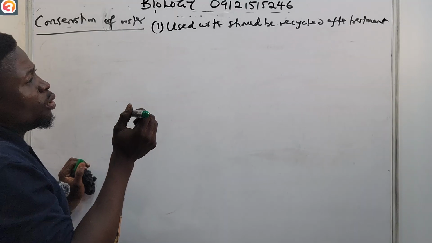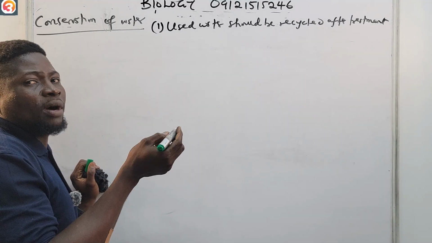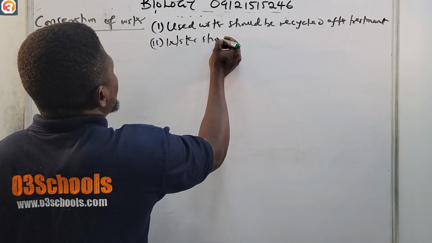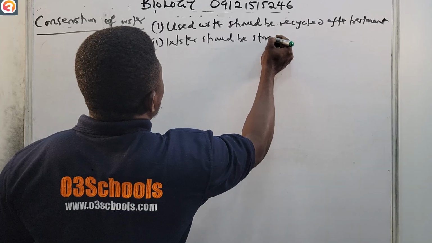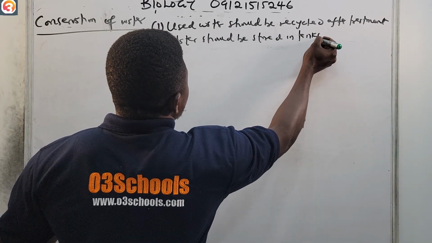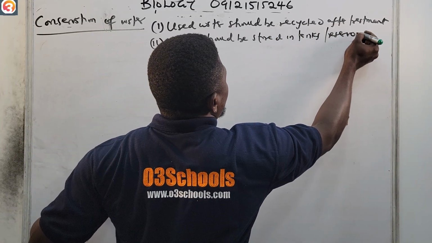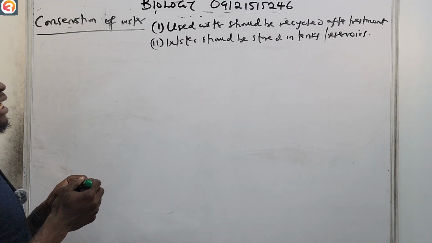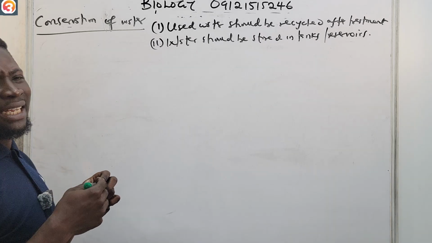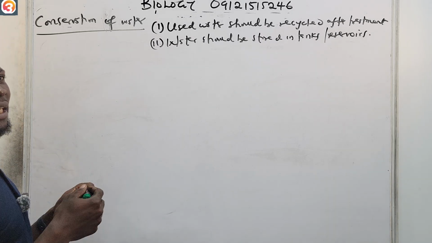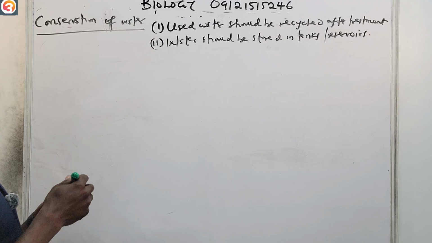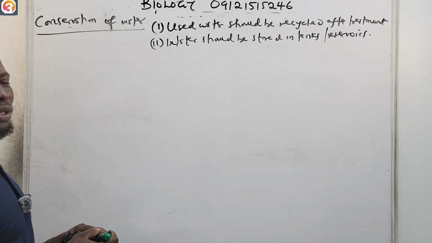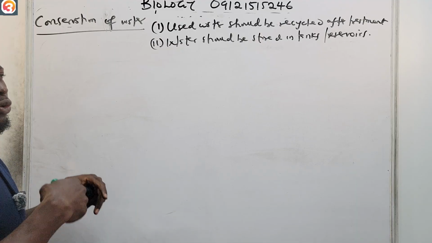And number two, water should be stored in tanks or reservoirs. And also if you notice that a pipe is leaking in your house, or the water pipe is leaking, or you observe any leakage, even in your kitchen, anywhere, ensure they are fixed. Those are the ways that can help to conserve water.